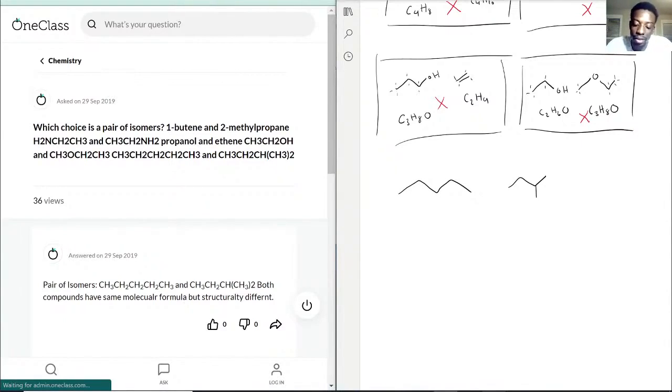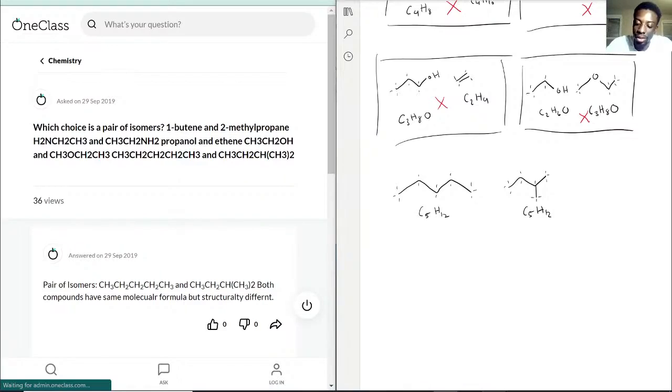Now let's count the carbons: 1, 2, 3, 4, 5, C5, and hydrogens 1 through 12, H12. Then the other one: 5 carbons, C5, and hydrogens 1 through 12. Perfect.